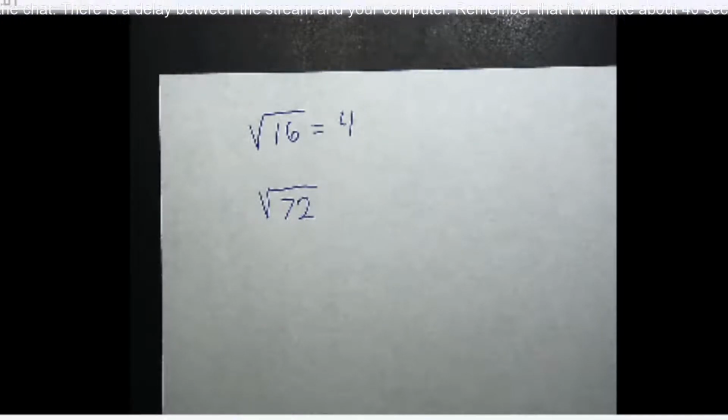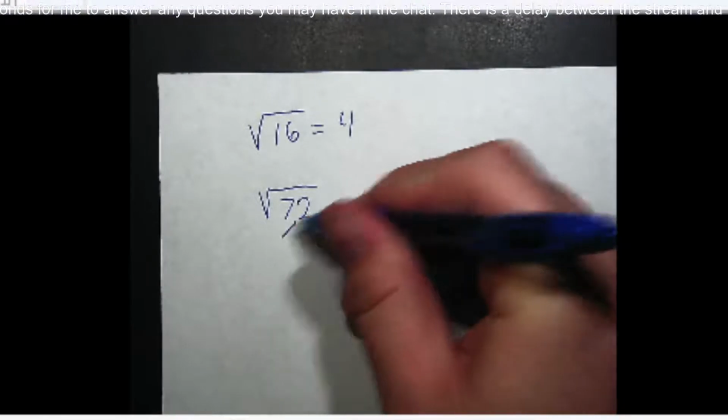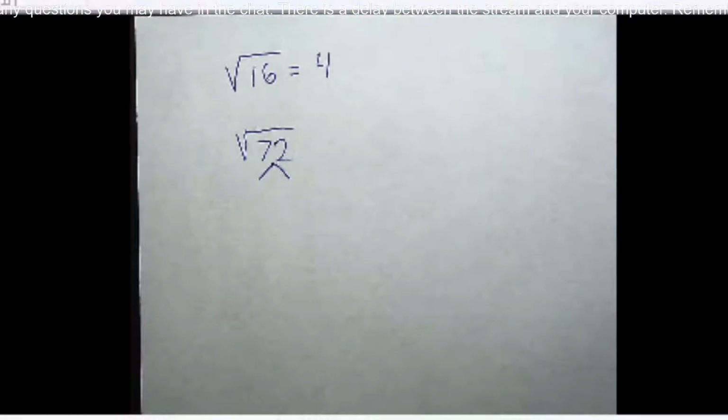So this is going to give us an irrational number. If we plug it into the calculator, it's going to give us a number that has a decimal that just keeps going on and on without ever repeating. So what we can do instead of trying to find a value for this is try to simplify it. Try to find perfect roots inside of its factors.